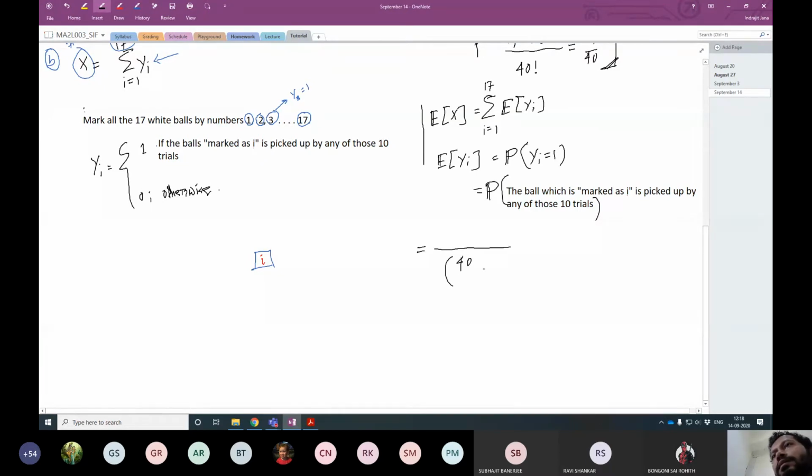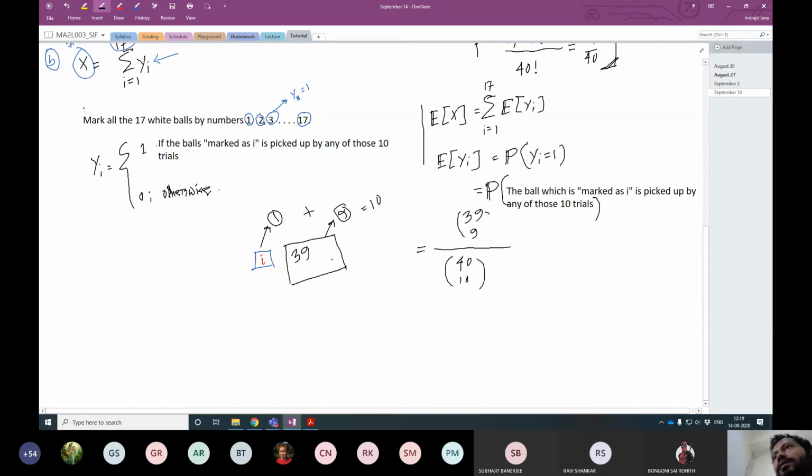You give the ball marked i separately, and essentially you have to pick 9 balls out of the other 39 balls. So this one ball plus 9 balls is simply 10 balls. You pick that ball i, and then you pick any remaining 9 balls out of 39.